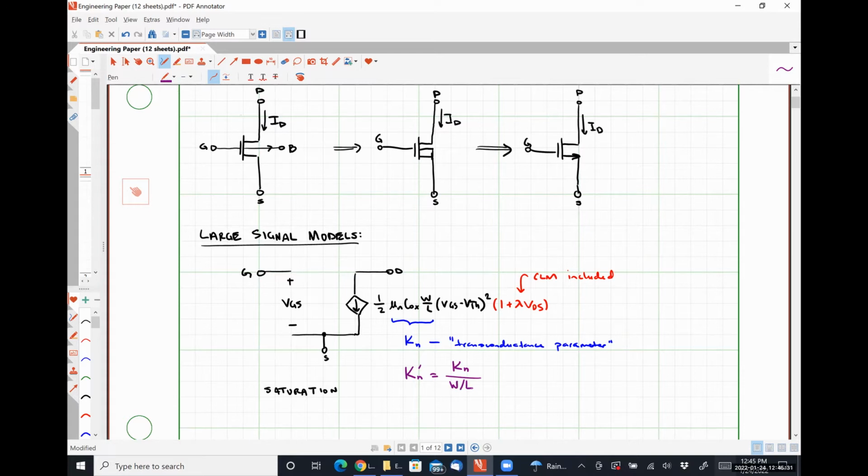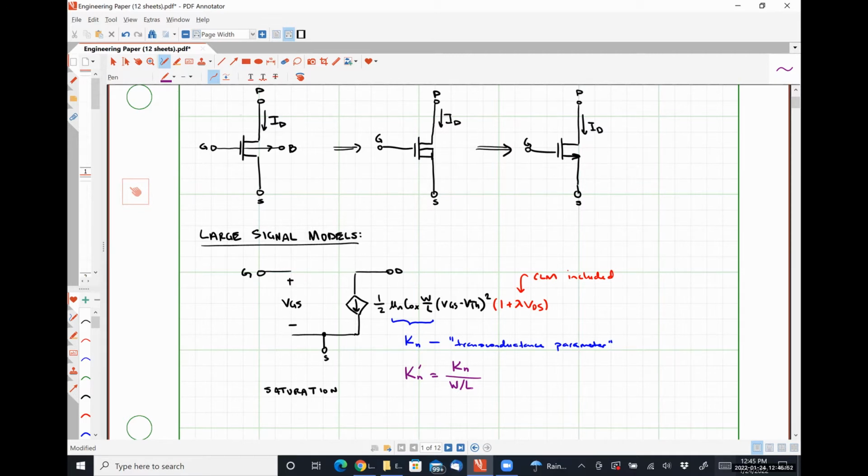The reason why this symbol is introduced is because if we were developing an integrated circuit using MOSFET transistors, it's very likely that all of them will have the exact same Kn prime value because they're all being fabricated on the exact same substrate using the exact same process.